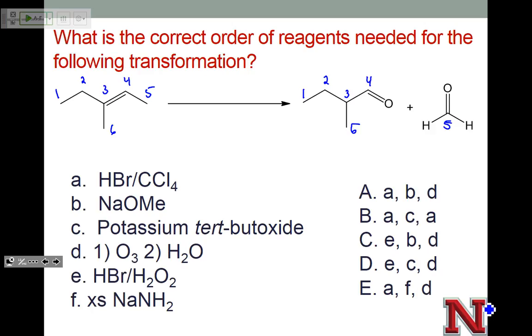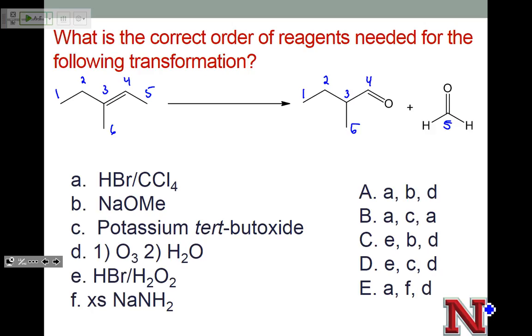A double bond, a pi bond. So the pi bond has to be between which two carbons? 4 and 5. Because it's breaking the bond between 4 and 5. We're starting with it between 3 and 4. But we're breaking the bond between 4 and 5. So that means we have to do what? Rearrange the functionality to be between 4 and 5.